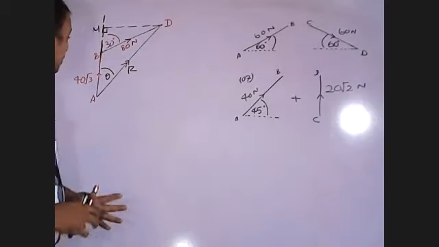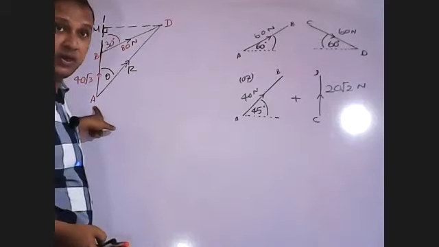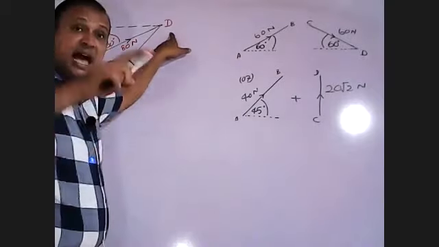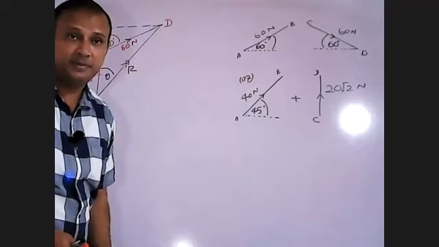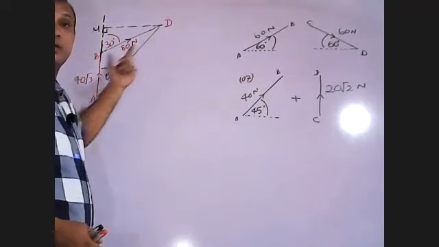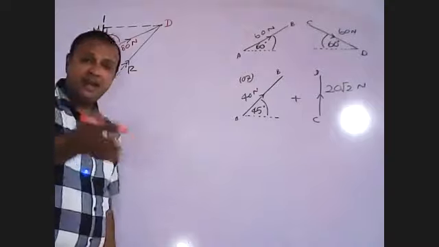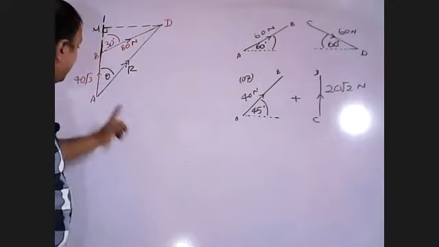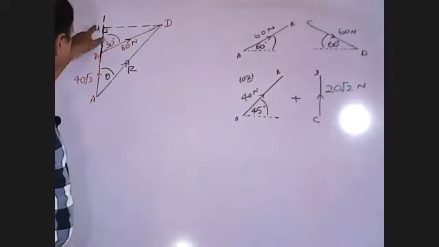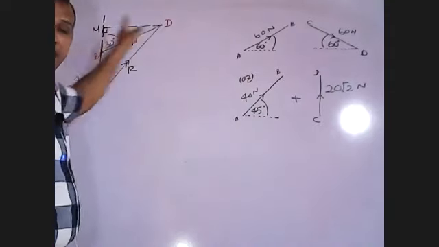Okay. So now it is very clear AD is a hypotenuse of one of these right angle triangles. So you can easily find AD if you know the other two sides. What are the other two sides? AM and MD.